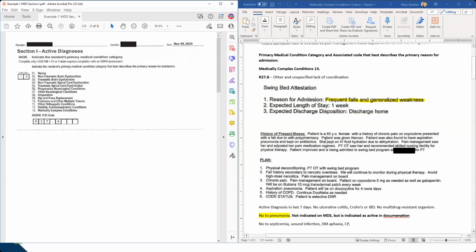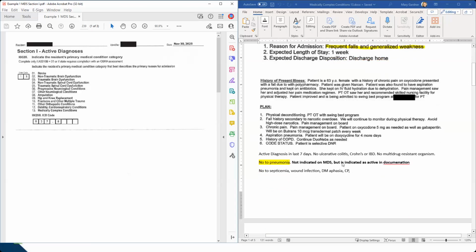We also have some information in the history of present illness documented by the physician that re-summarizes that, that the falls were caused by too much oxycodone, melatonin. The patient was actually given Narcan. The patient had some aspiration pneumonia, IV fluids, etc. As well as in the plan.